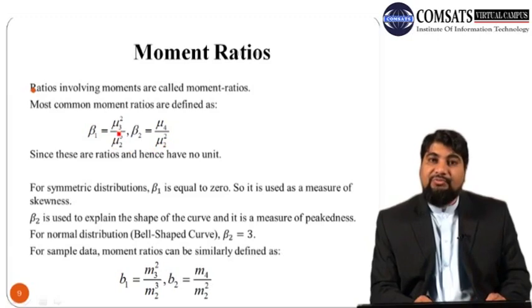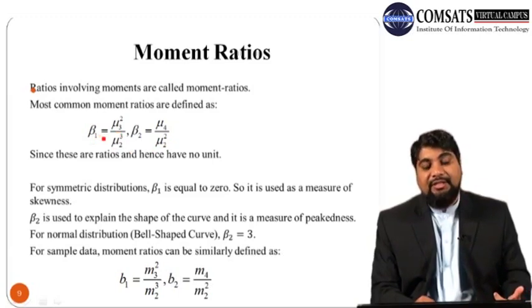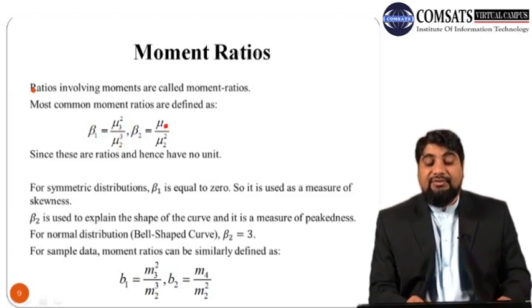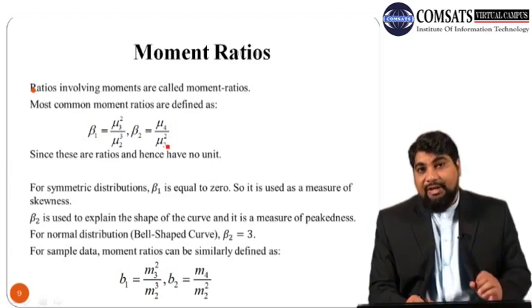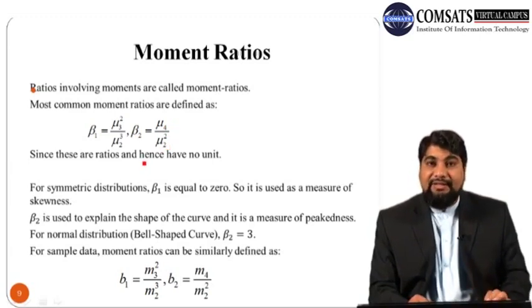So beta 1 is the ratio of the square of the third population moment and the cube of the second population moment. Beta 2 is the ratio of the fourth population moment and the square of the second population moment. One very important point to note is that since these are ratios, they have no unit.